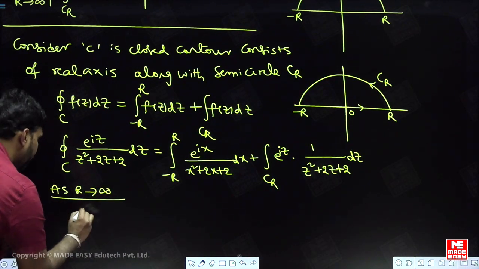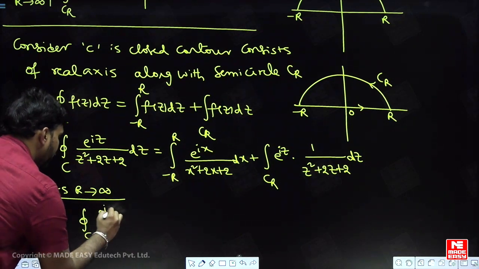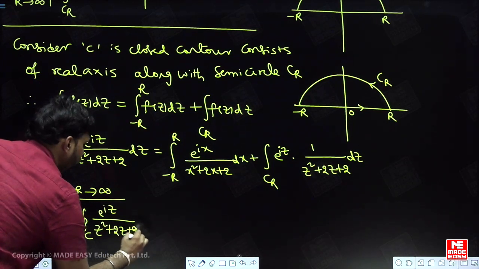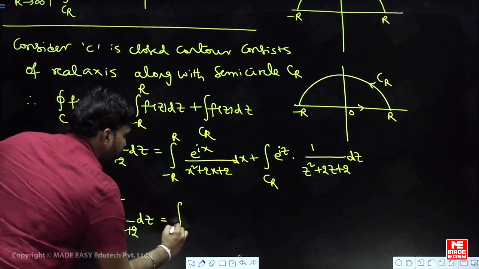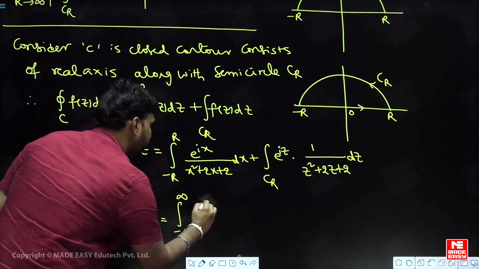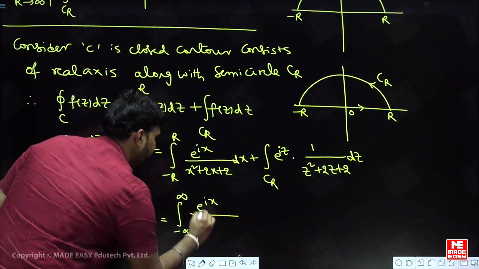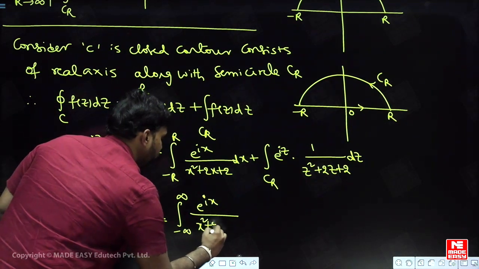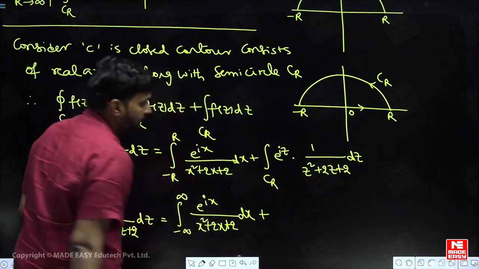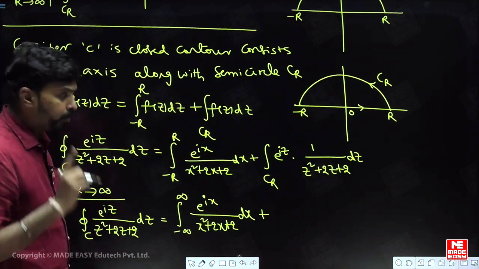As r tends to infinity, this integral of e^(iz)/(z^2 + 2z + 2) dz is equal to the integral from minus infinity to infinity of e^(ix)/(x^2 + 2x + 2) dx, and then plus here.